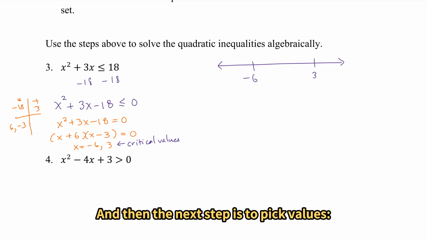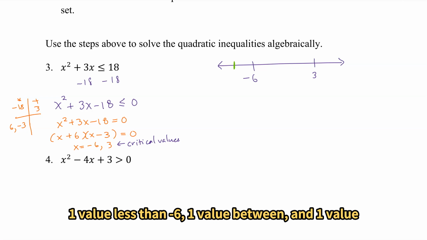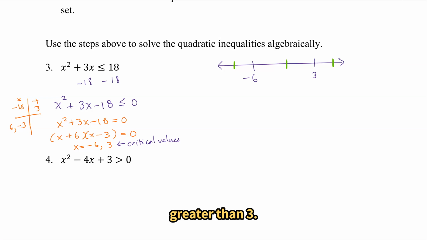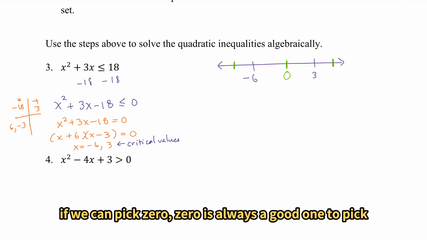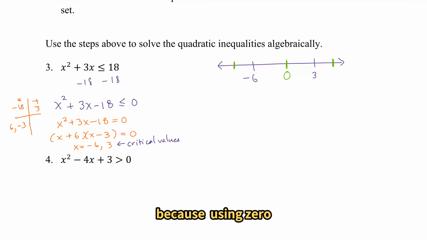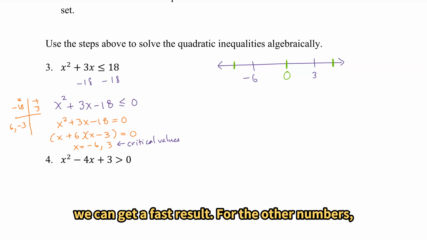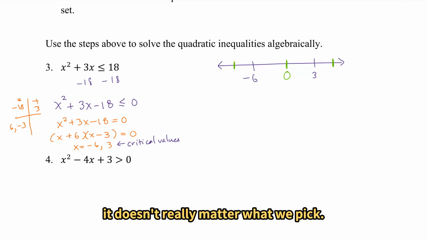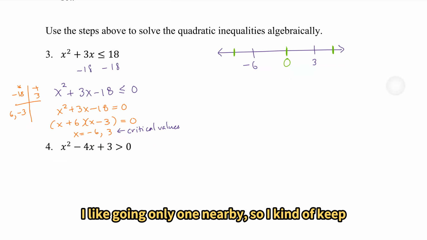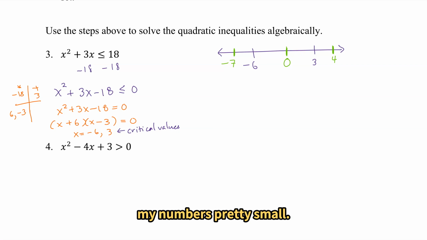And then the next step is to pick values, one value less than negative 6, one value between, and one value greater than 3. 0 is always a good one to pick because using 0, we can get a fast result. For the other numbers, it doesn't really matter what we pick. I like going only one nearby, so I keep my numbers pretty small.